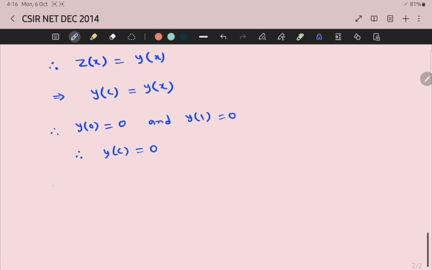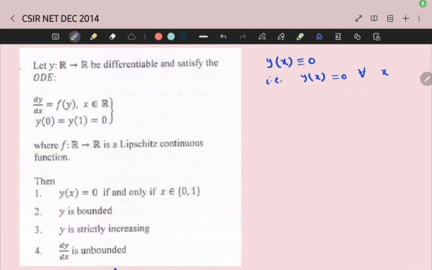And hence the solution of the given initial value problem is identically 0. So y(x) is identically 0, which means y(x) equal to 0 for all values of x.